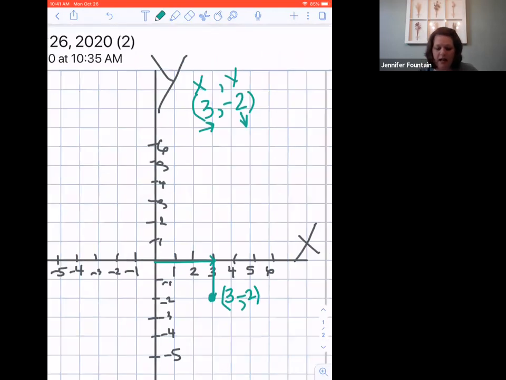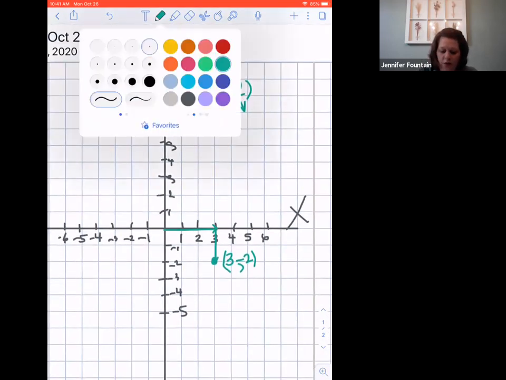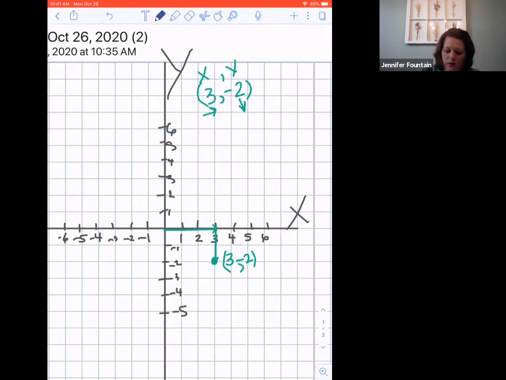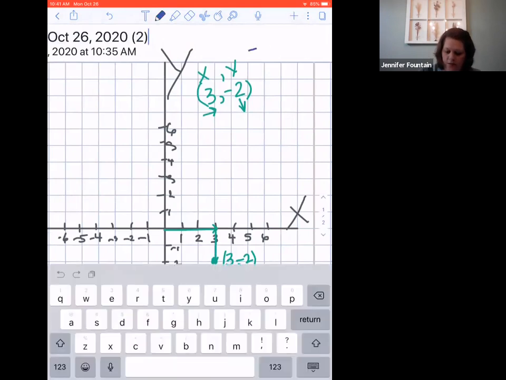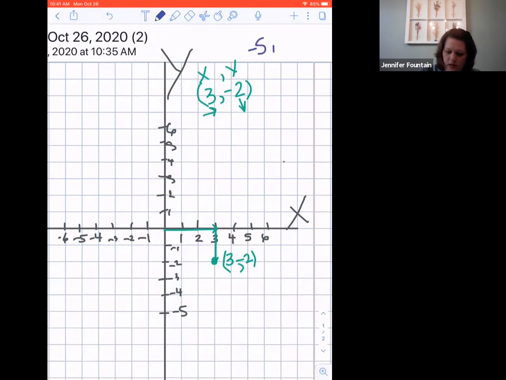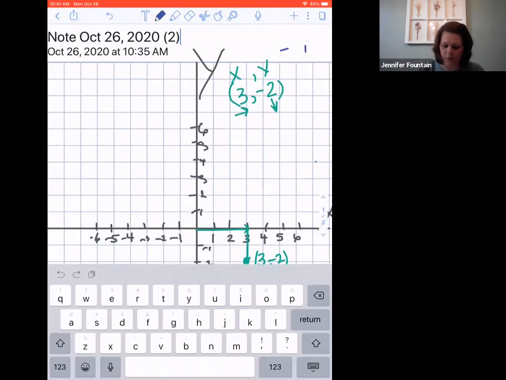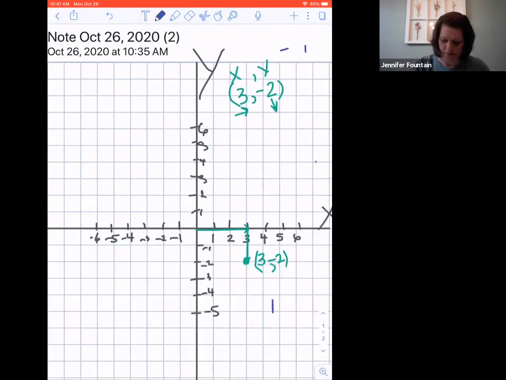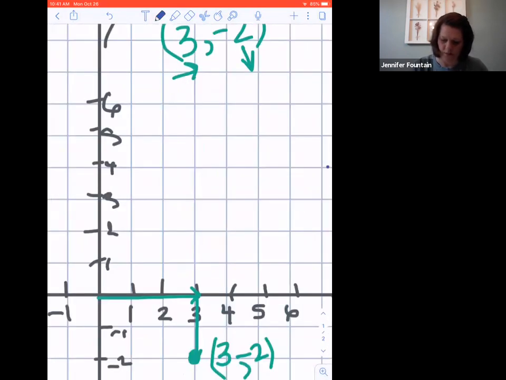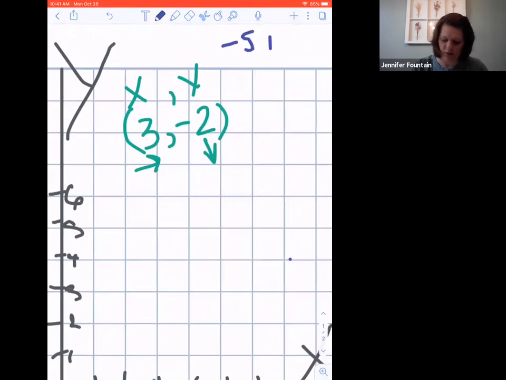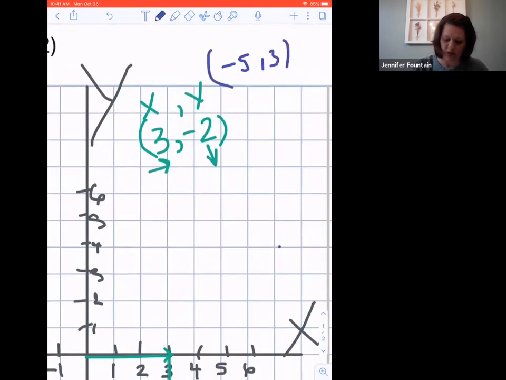Okay. Now let's go ahead and graph -5, 3. -5, 3 is the next one we're going to graph.